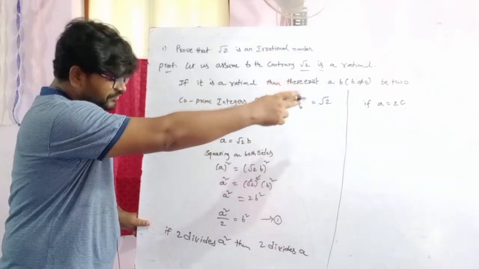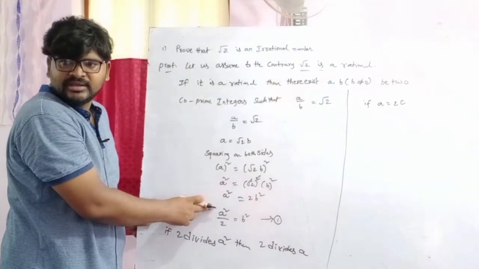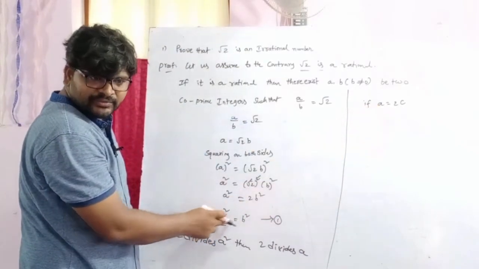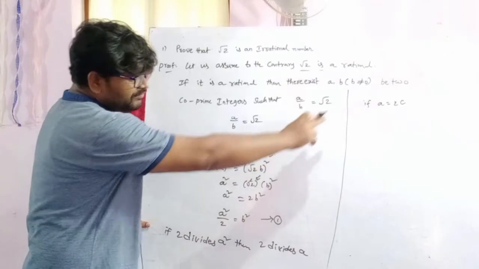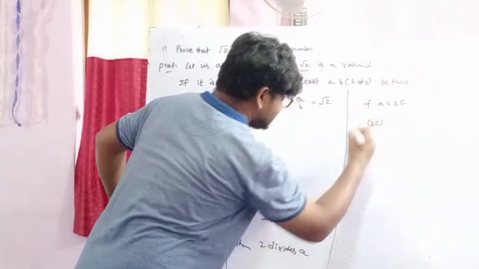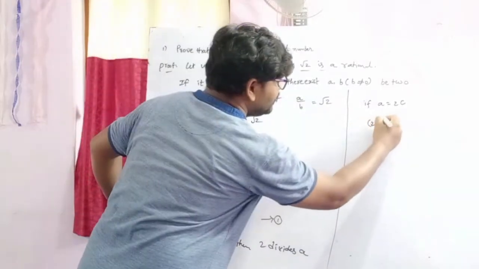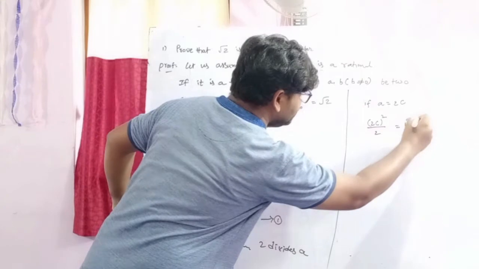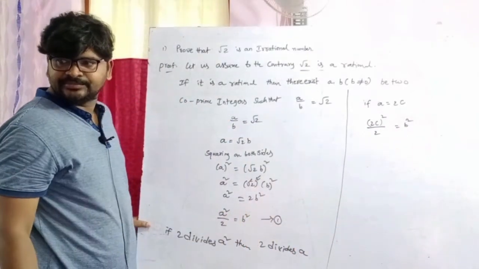Substitute the value of a in equation 1. Here a square by 2 equals b square. The value of a equals 2c. This is a square. That's why 2c whole square by 2 equals b square. It's clear?